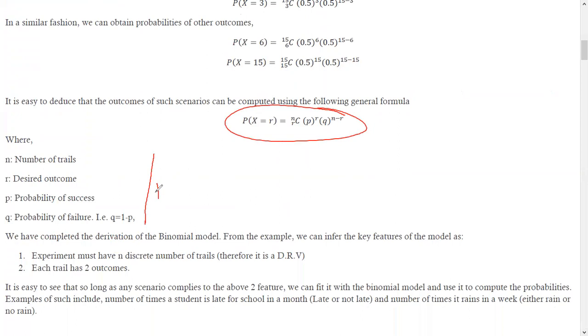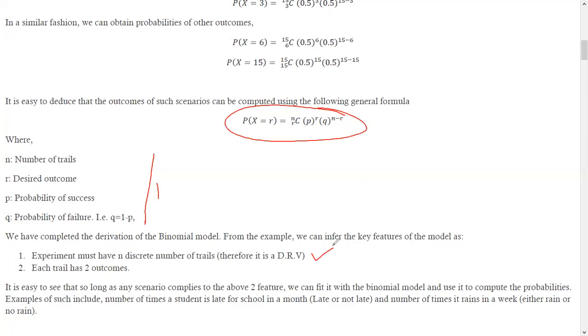From this example, we can infer the key features of this model. To be able to use this model, firstly, the experiment must have n discrete number of trials. That means I must be able to do the experiment n times discretely: 1 time, 2 times, 3 times, 4 times, 10 times, 15 times.